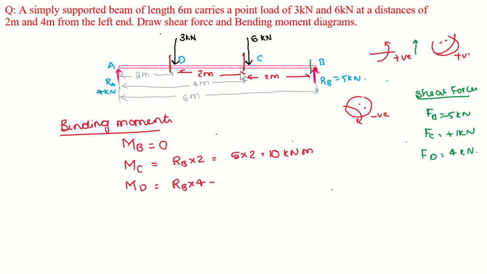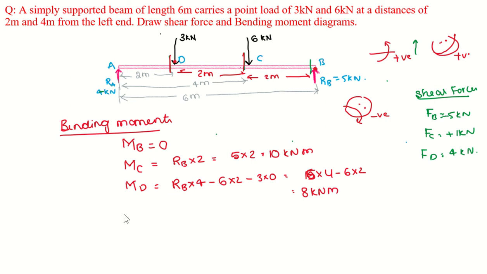So 6 multiplied by distance up to D, that is minus 6 into 2, and we have this 3 kilonewton, but it is acting at D itself, so it is 0, so we don't consider it, or otherwise we write 3 into 0. So that will become 5 into 4 minus 6 into 2, that is 8 kilonewton meter, positive 8 kilonewton meter.